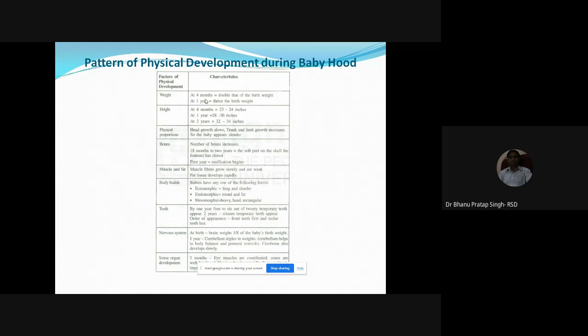And if the child is 1 year, then the weight should be thrice the birth weight. So these are the standards. Sometimes it may differ from the actual growth of the child, because growth takes place in various environments, with various heredity, and various social backgrounds.